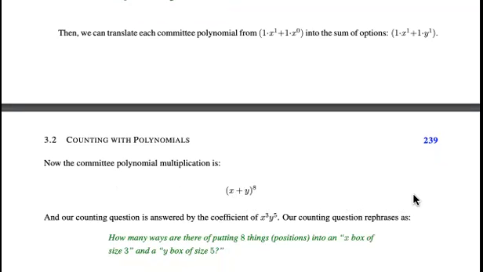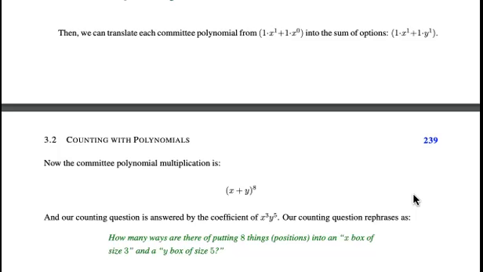Since you have 8 factors, you have 8 objects, and you're trying to figure out how many different ways there are of putting 3 of those objects into the x bucket and 5 of them into the y bucket. But if we put 3 of them into the x bucket, since we're throwing them all into one or the other, that means definitely 5 have gone into the y bucket. So really it's the same question.